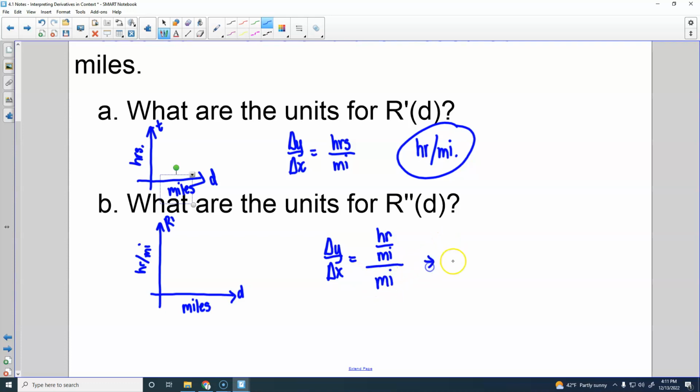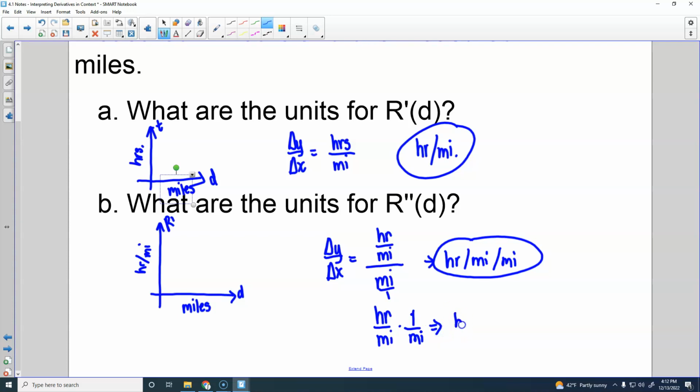So again, you can write this as hours per mile per mile. That's one way you can write it, or you can do hours over miles times 1 over miles, and you could also write it as hours per mile squared. So that would be another option there.